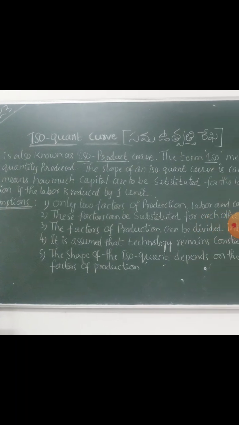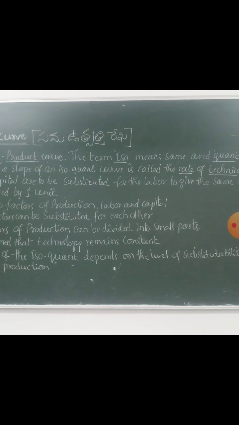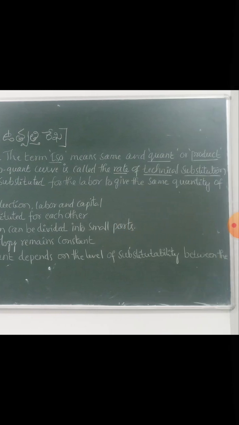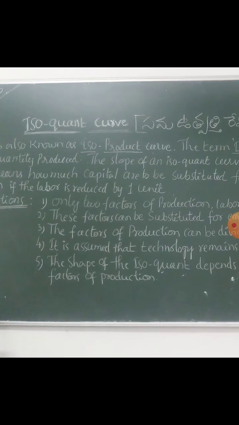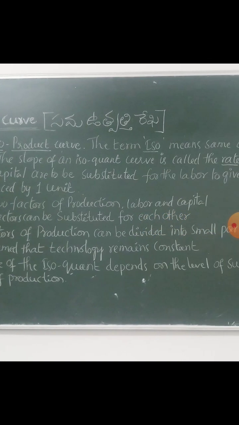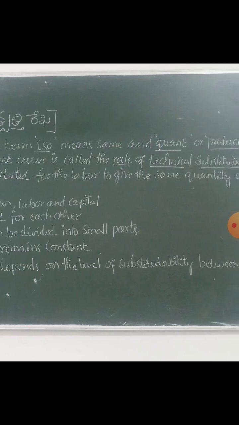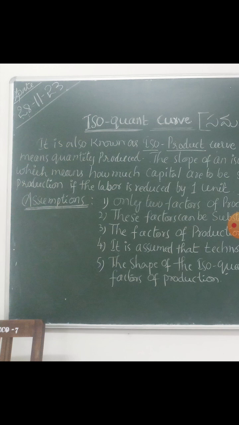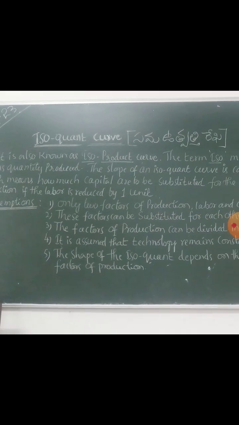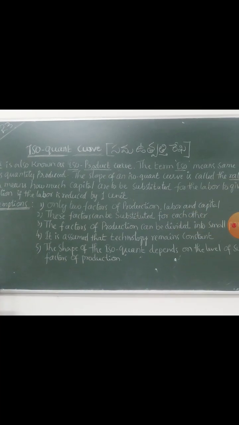The slope of an iso-quant curve is called the rate of technical substitution, which means how much capital is to be substituted for labor to give the same quantity of production if the labor is reduced by 1 unit. If labor is reduced by 1 unit, more capital is engaged. However, the production remains at the same level, the same quantity.